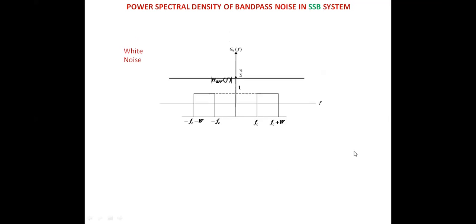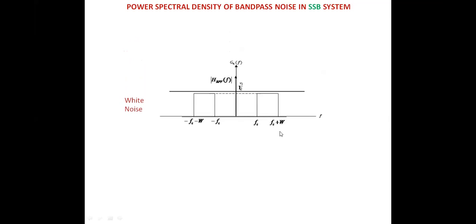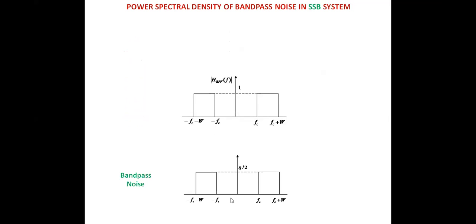Let me show. This is the white noise. When it is passing through the bandpass filter having the bandwidth W, the output will be bandpass noise with the pass band equal to that of the SSB signal, because here we are assuming the SSB signal is an upper sideband SSB. That's why the frequencies are ranging from Fc to Fc plus W, isn't it?